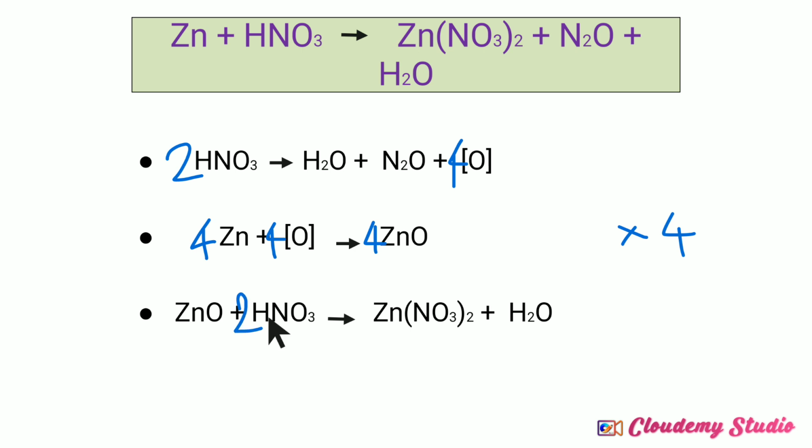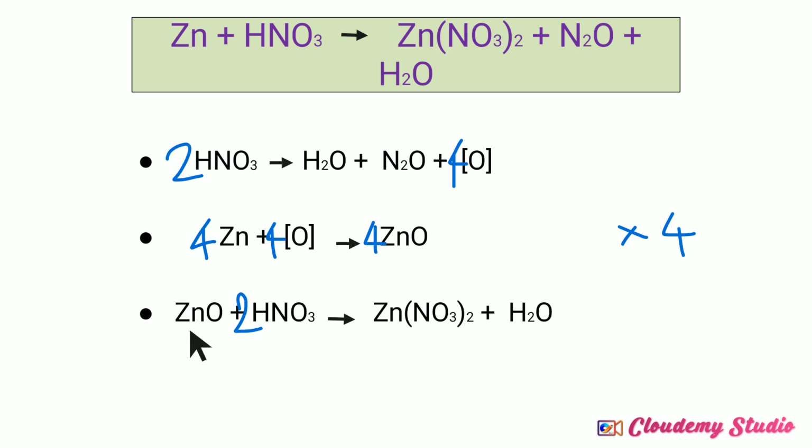When we multiply this nitric acid by 2 times, let's check that all the atoms are equal in the third equation. But when we check the zinc oxide, here only 1 mole of zinc oxide is used. But in the previous step, how many moles of zinc oxide did we get? 4 moles of zinc oxide. So all the 4 moles of zinc oxide will be used up in this reaction. Therefore, this zinc oxide must be 4, multiplied by 4 times.